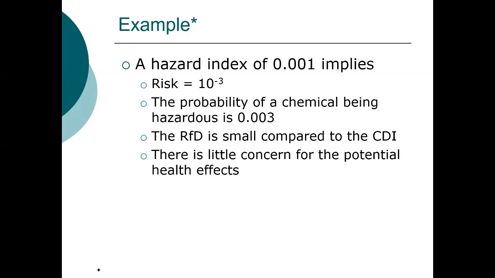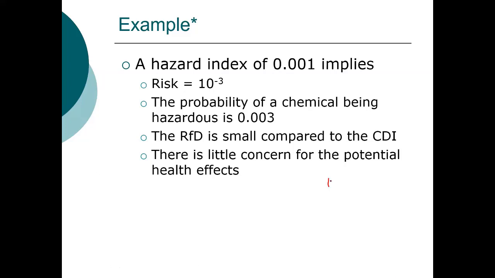So you cannot take, for instance, this hazard index, which is 1 in 1,000. That does not mean that there is a 1 in 1,000 probability of an event occurring. It does not measure risk. Okay. So don't relate it to risk, don't relate it to probability.